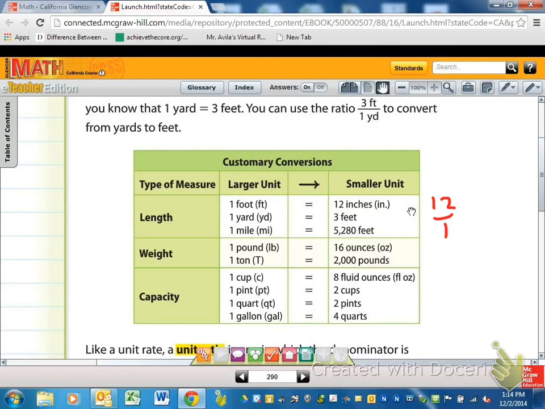If I am going from feet to miles, I'm going from small to big, then I'm going to write my ratio or my fraction as a regular fraction. So feet to inches, large to small, I'm going to write my ratio as an improper fraction. If I'm going from small to large, I'm going to write my fraction as a regular proper fraction. So they need to see what they're converting to.